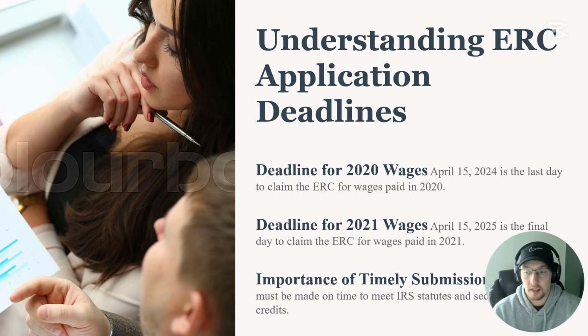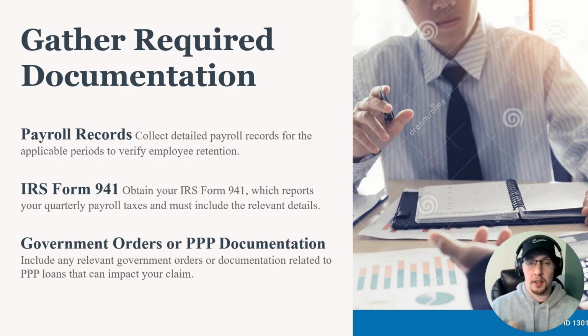So there was an extension through 2024 to claim some ERC credits, and the same can be said for 2021 for that typical 3-year period, as April 15th, 2025 is the last day to claim ERC for wages paid in 2021. In order to claim the credit, you must have a timely submission to meet IRS statutes to obtain the funding. So now that you know the 2020 deadline has passed and you're getting ready to claim the credit for the 2021 period, what documents will you need?